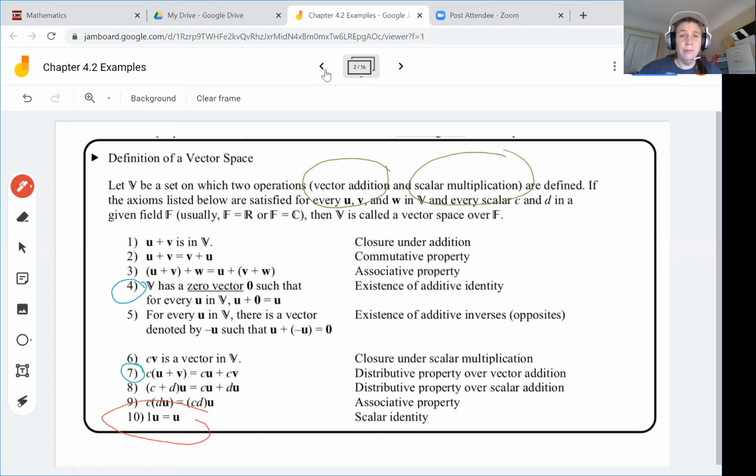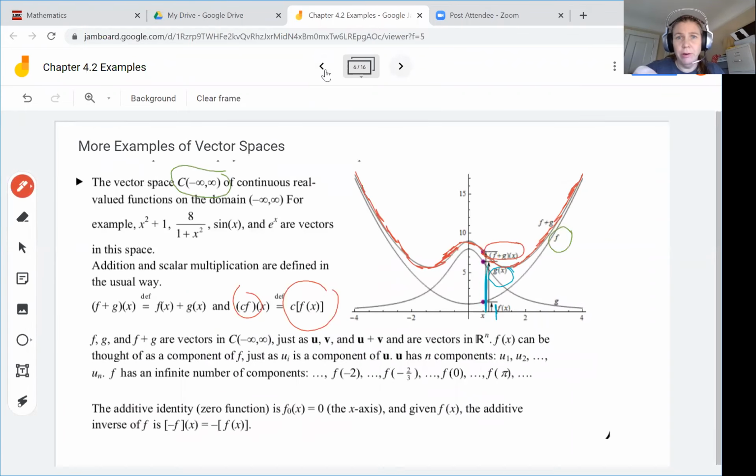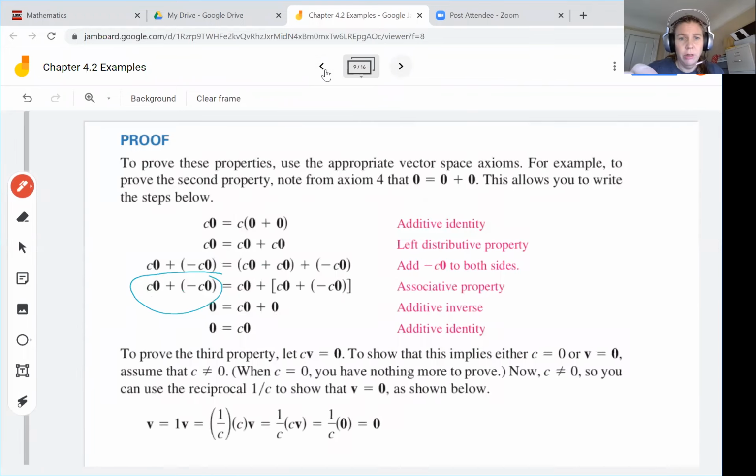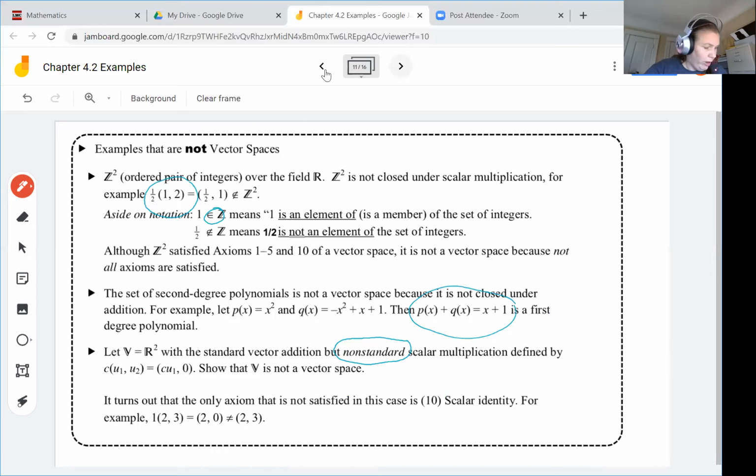The first 9 axioms are actually satisfied under this alternate definition of scalar multiplication. But if you try to multiply the scalar 1 times, say, the tuple (1, 1), the ordered pair, then you're going to get (1, 0), and that is not equal to (1, 1).